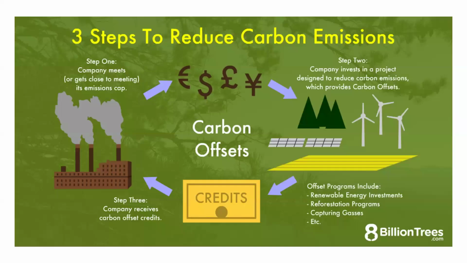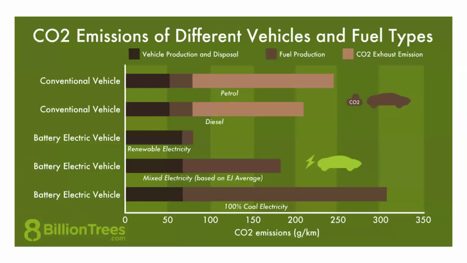So 3 steps to reduce carbon emission. I think I can share this. Step 1. This is just for reference. Now, CO2 emission of different vehicles. Also, I have given.